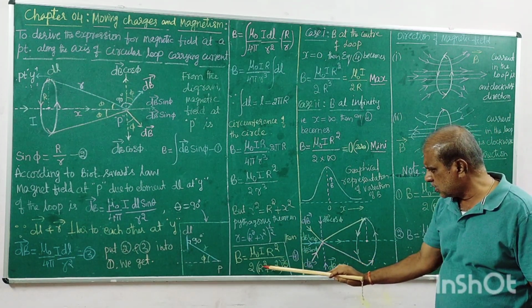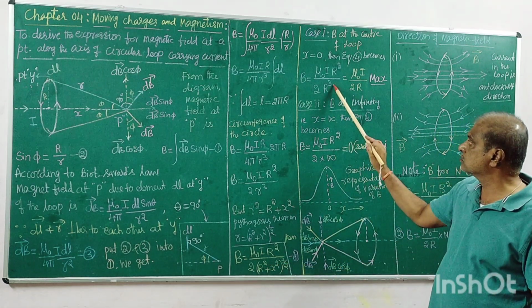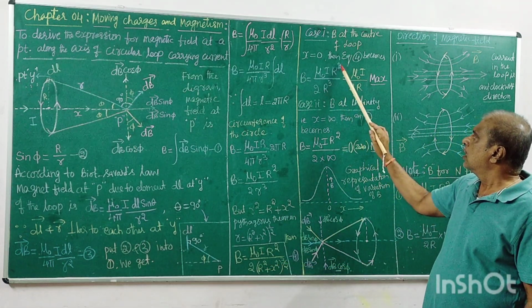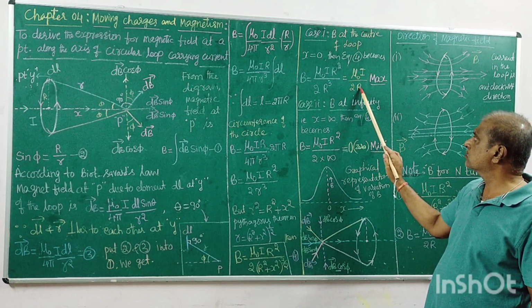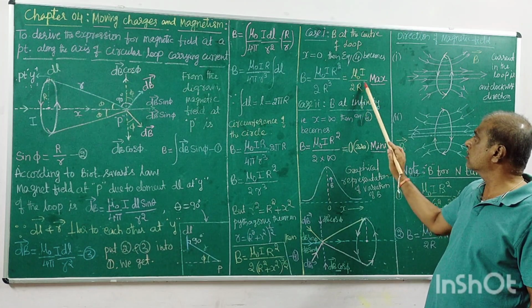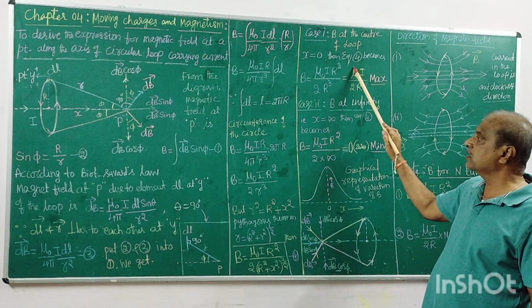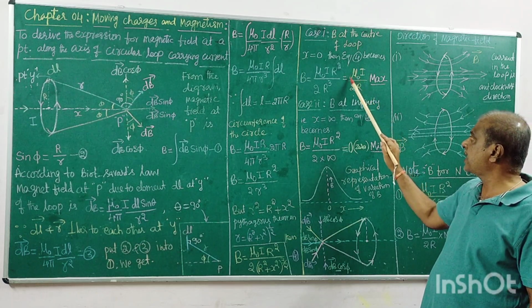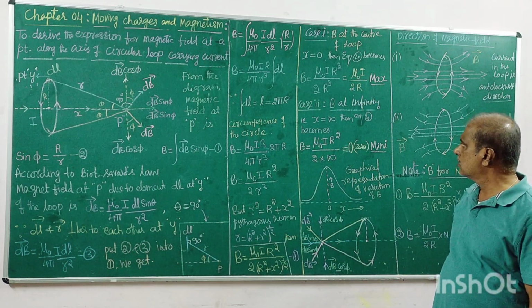This 0 is r square to the power of 3 by 2. 2 cancels, 3 remains. R square, r cube is here, cancellation, r remains. Final expression is mu naught I divided by 2r. This is the magnitude of the magnetic field at the center of the circle. It is the maximum value for that conductor.